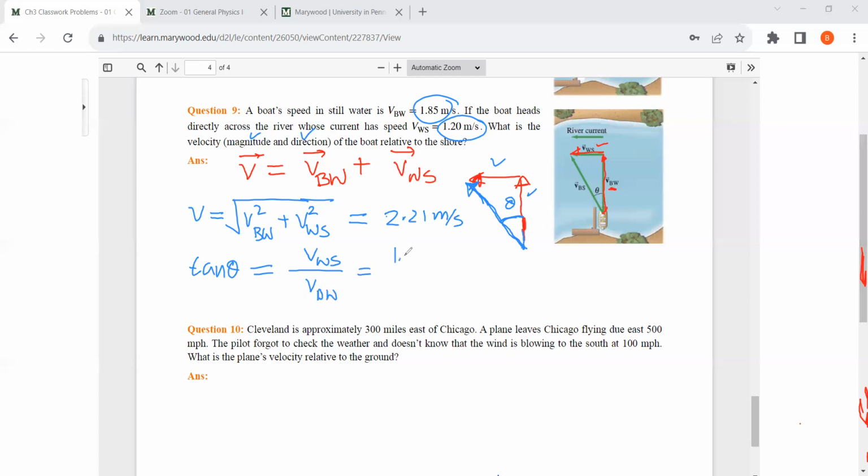So that is 1.20 divided by 1.85, which is equal to 0.649. So theta will be tan inverse 0.649, and this will be 33.0 degrees.